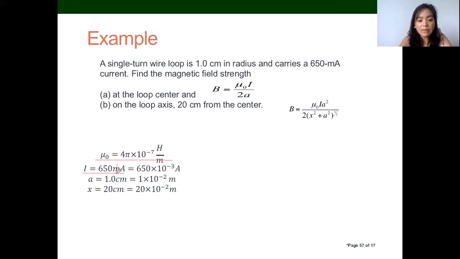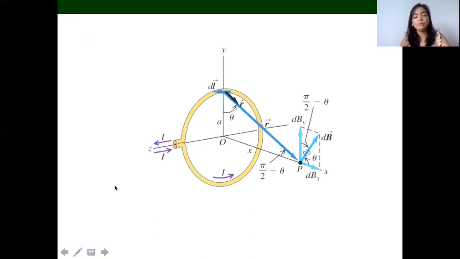But since we're using milli, please remember to use 10 to the negative 3. This is our radius, which is 1 centimeter. But since we're using centimeter, please remember to use 10 to the negative 2. This is for letter B, 20 centimeter. So please remember to use 10 to the negative 2 for centimeter. And then we will substitute it.